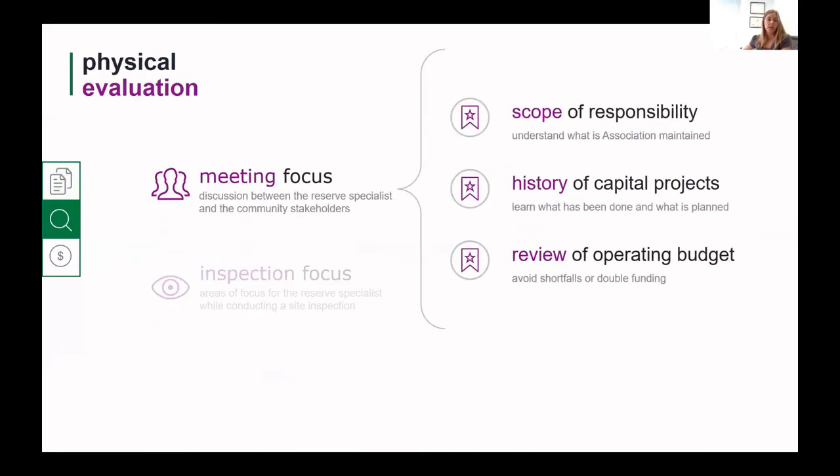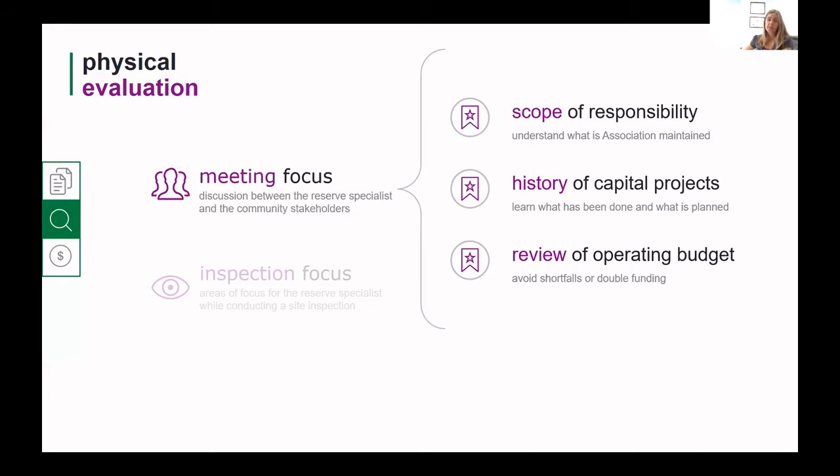So the first portion of the reserve study, that physical evaluation, what is it comprised of? Well, there's both a meeting and an inspection. During the meeting, we're really focusing on the scope of responsibility, understanding what the association is responsible for maintaining, right? So going over those common elements, making sure we have alignment on what should be included in the reserve study.